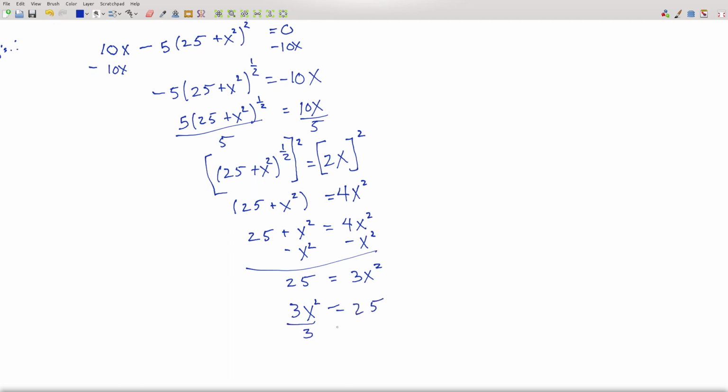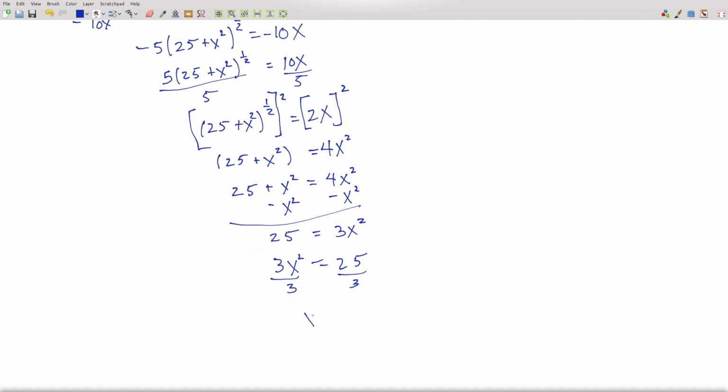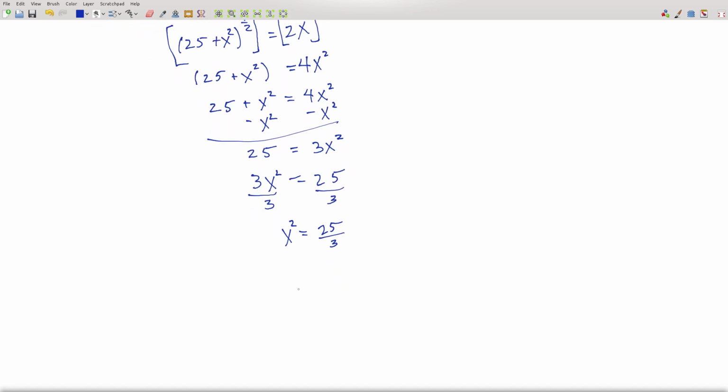Now we'll divide both sides by 3, and we get x squared equals 25 over 3, which means that I can now take the square root of both sides. So the square root of x squared has to equal the square root of 25 over 3. The square root of x squared is x, and over here, this is really a plus or a minus if we're being really careful about things.